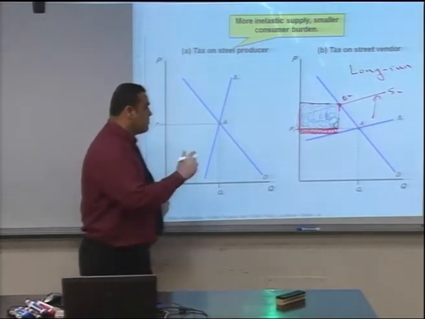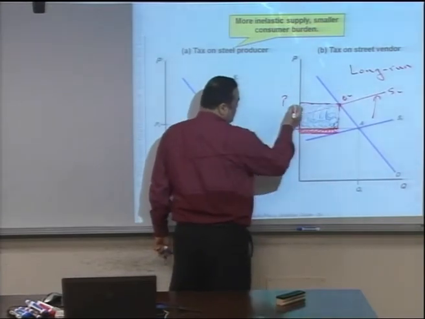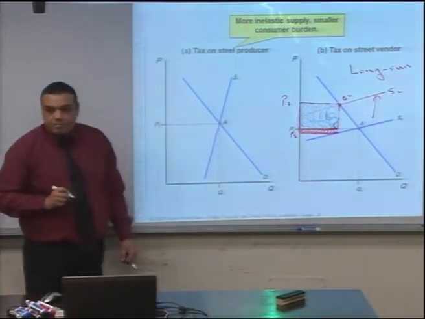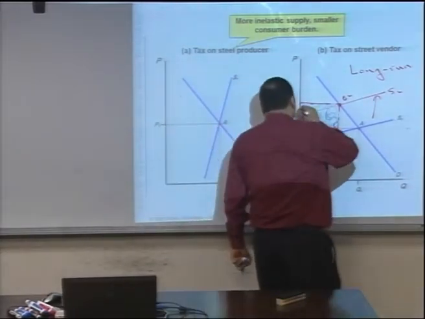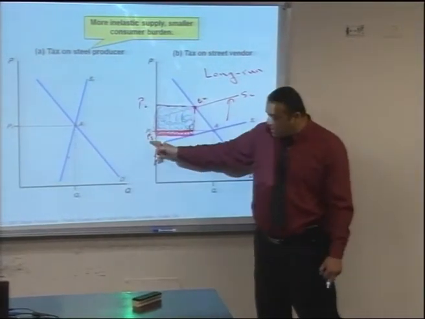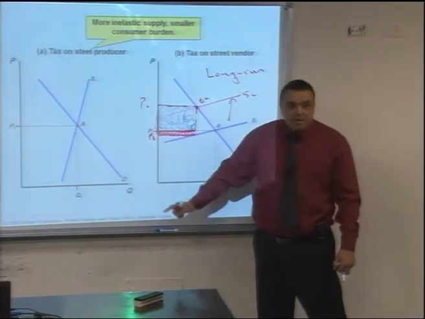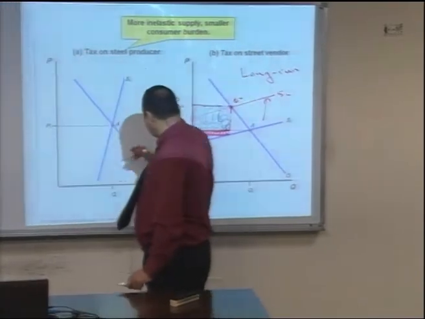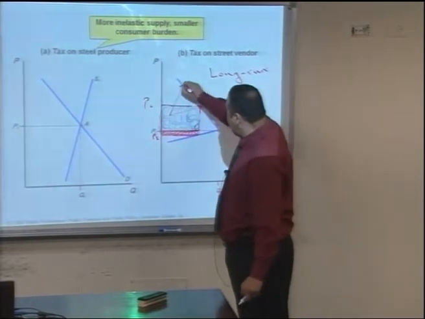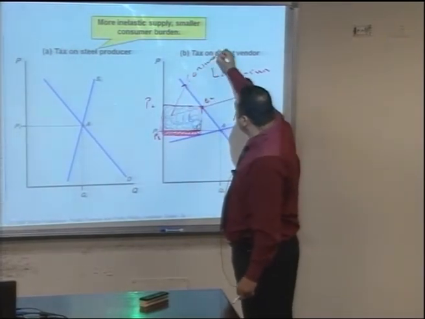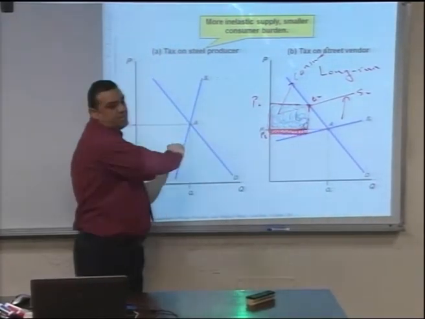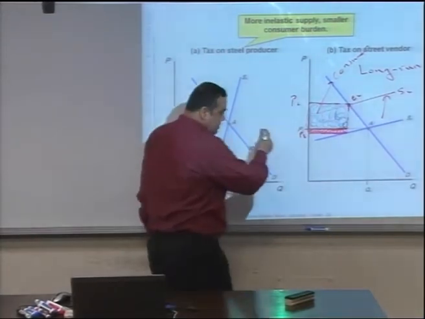Let us assume this is P2, this is P1, and this is P3. P2 is the price paid by the consumer, P3 is the price received by the producer, and this is the original price. This means that the consumer pays the most of the tax burden and the producer pays the least. So here is the producer share.